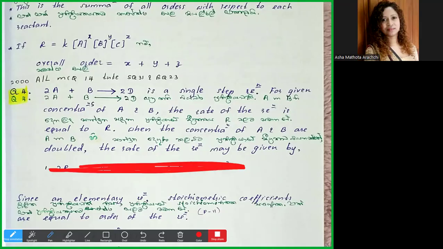Okay, get the answer. 2A plus B gives 2D. So 2D we can forget, because the rate law always goes with reactants. They say it's a single step. Okay, if it is a single step, order equals stoichiometry. Since you guys are very new, I'm just saying that.